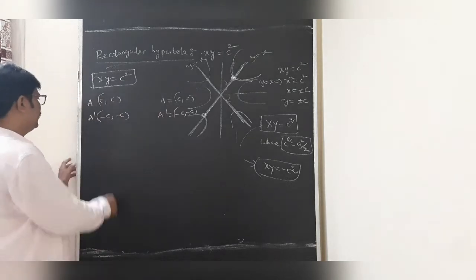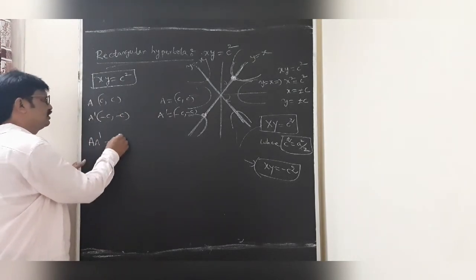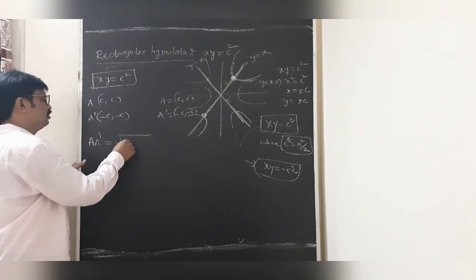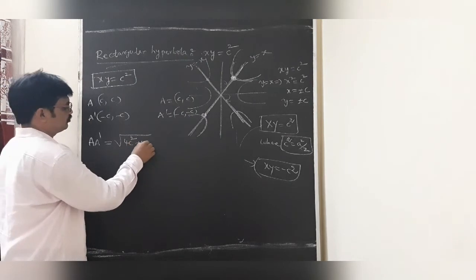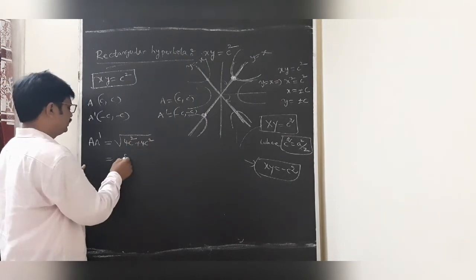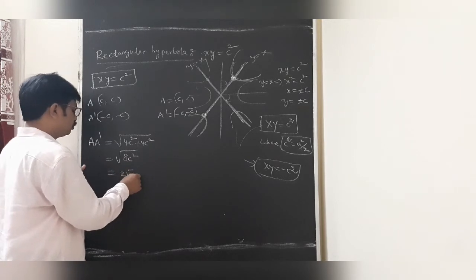Now students, the length of the transverse axis: 2c whole square is 4c square, this is also 4c square, so this is 8c square. Root 8 is 2 root 2 c.